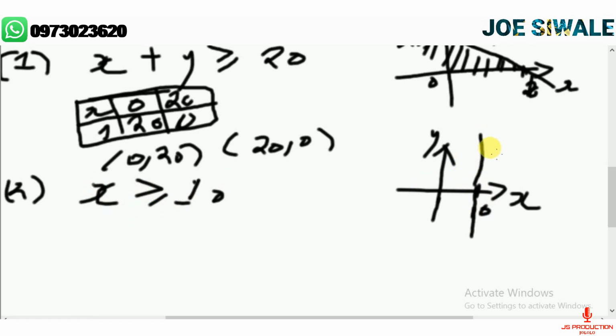The sign is greater than, and greater than means the wanted region is on the right side. Since this is the wanted region, I'll shade the unwanted region, which is on the left side. So this means I've represented this inequality.